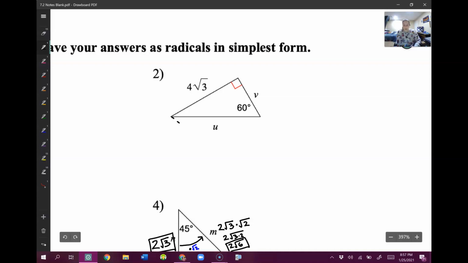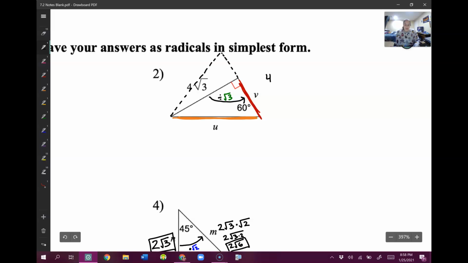Okay, let's try number 2. Let's do our reflection thing again. Oops, wrong direction. There we go. So it looks like this V side is going to be half of this U side, but once again I don't know either of those, so I'm going to do my root 3 first. Well, I'm going from a bigger side to a smaller side, so I'm going to divide by my magic root 3, because dividing makes things smaller.